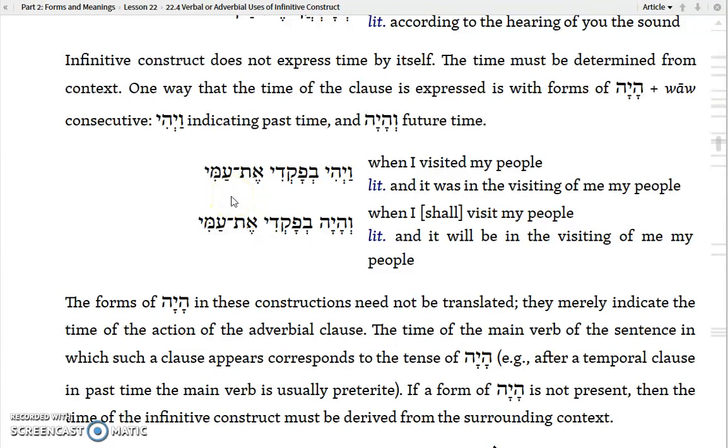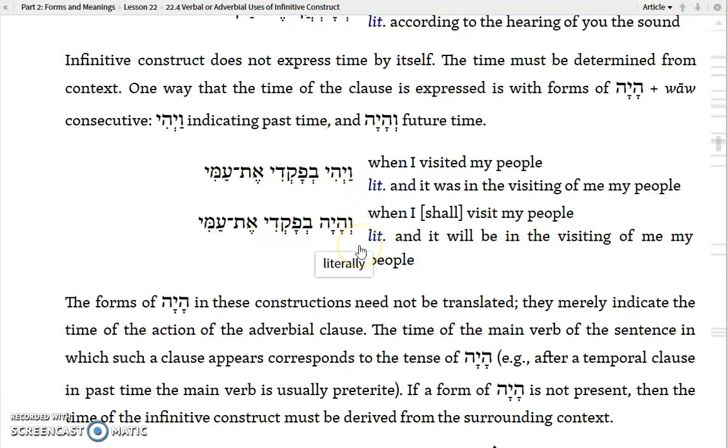It came to pass in my visiting my people, but it means it came to pass when I visited my people. And so the vayehi gives you the time frame. It's a converted imperfect or a preterite form that indicates that we're in the past.